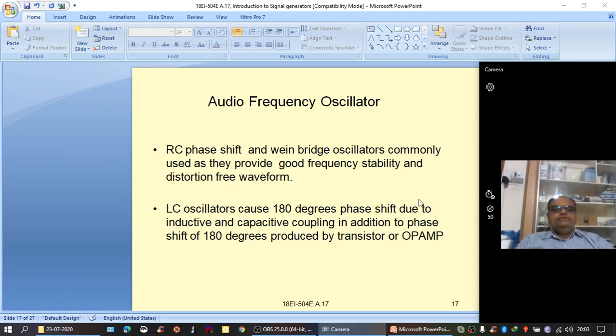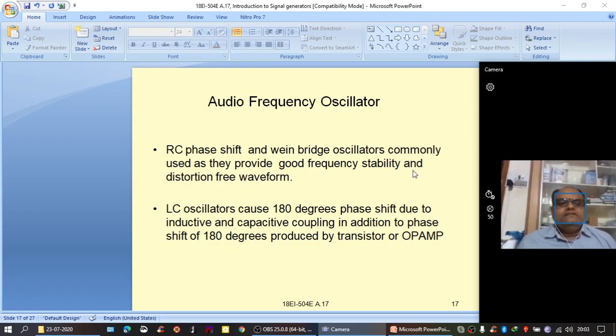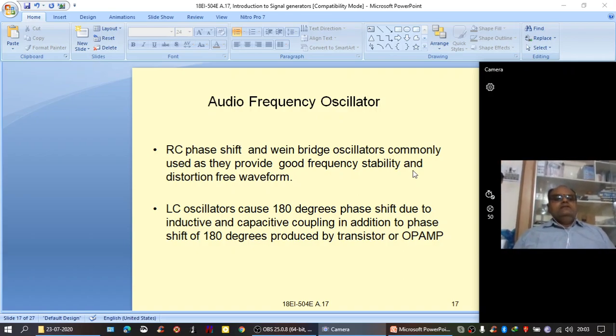In order to produce sustained oscillations at the output, the loop gain of the oscillator should be unity and the loop phase shift of the oscillator should be 360 degrees. That is satisfied in RC phase shift oscillators and Weinbridge oscillators based on RC components.